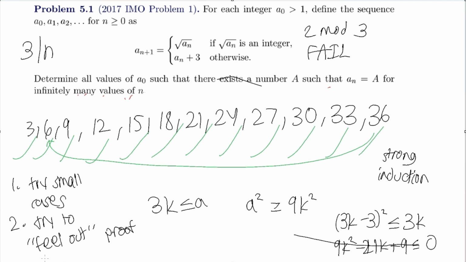So you try to feel out the problem first and feel out the proof before you work out any details. And of course, the third thing you should take away is that use mod n or mod p whenever possible. Because modulo p just makes it a lot easier to analyze this.